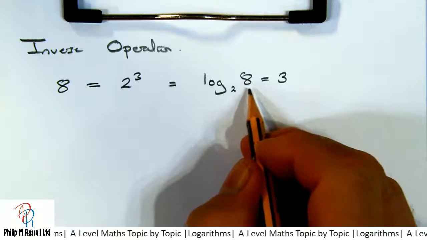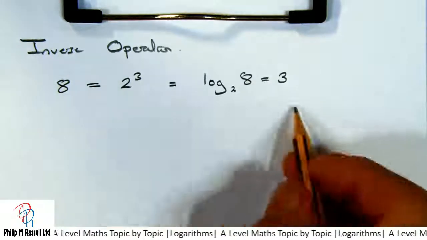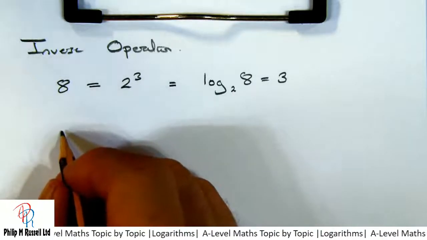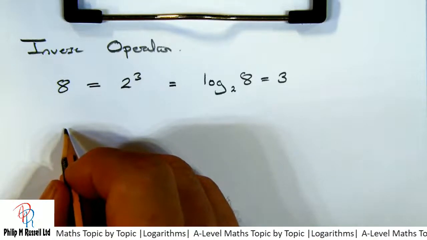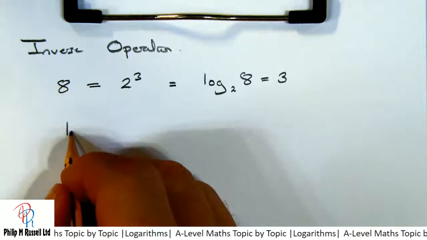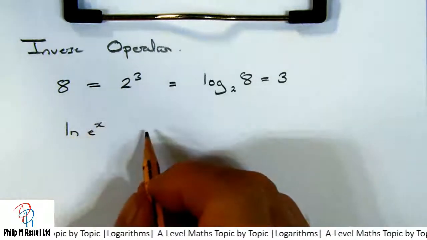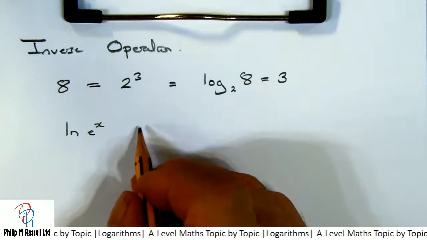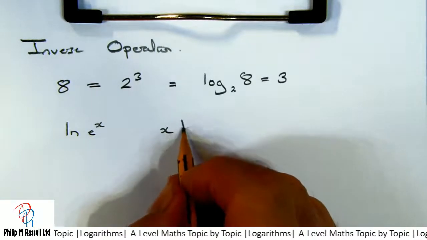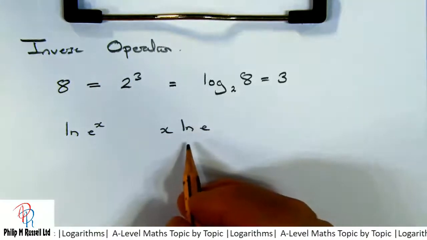that I can change some of these logs around to get inverse functions. So if I've got a function here which is something like the ln of e to the power of x, I know that that's going to be x times the ln of e.